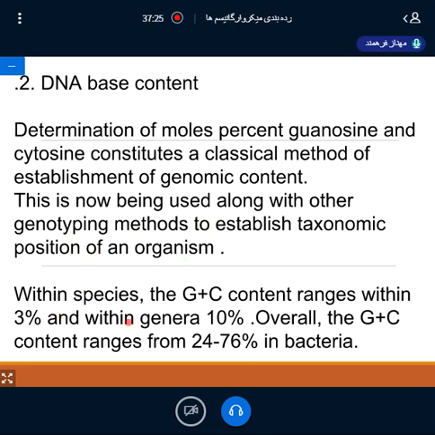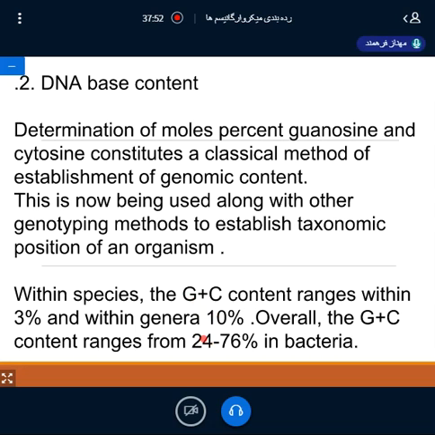Within a species, the guanine plus cytosine content ranges within 3%, and within a genus up to 10%. Overall, the guanine plus cytosine content ranges from 24 up to 76% in bacteria.